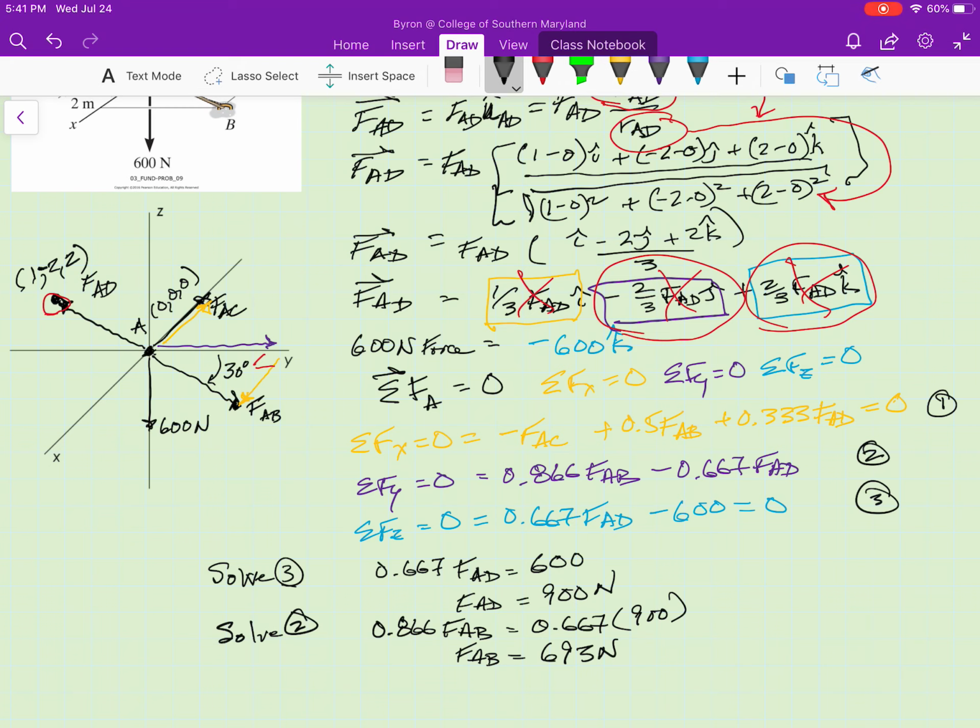And then I can use those 2 results to solve equation 1.